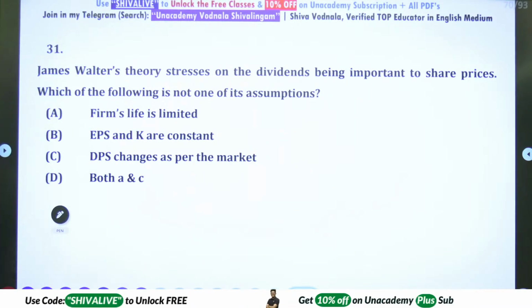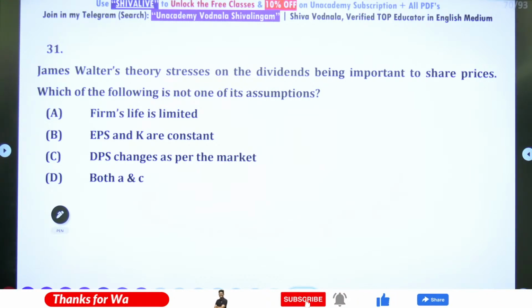James Walter's theory stress on the dividends being important to share prices. Which of the following is not one of its assumptions made by the Walter theory of dividend?